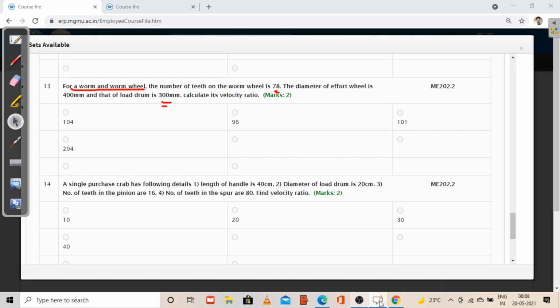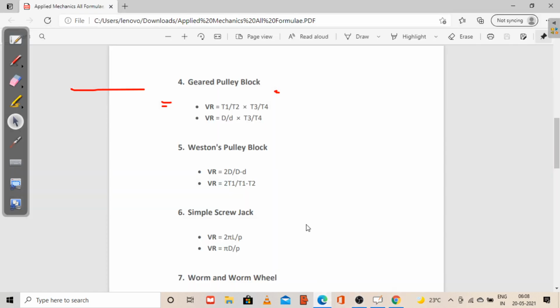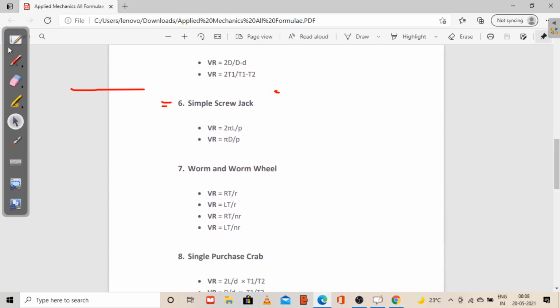If you see the formula, worm and worm wheel, there are a number of formulas you have here. I will take only a single formula, that is LT upon NR or RT upon NR.